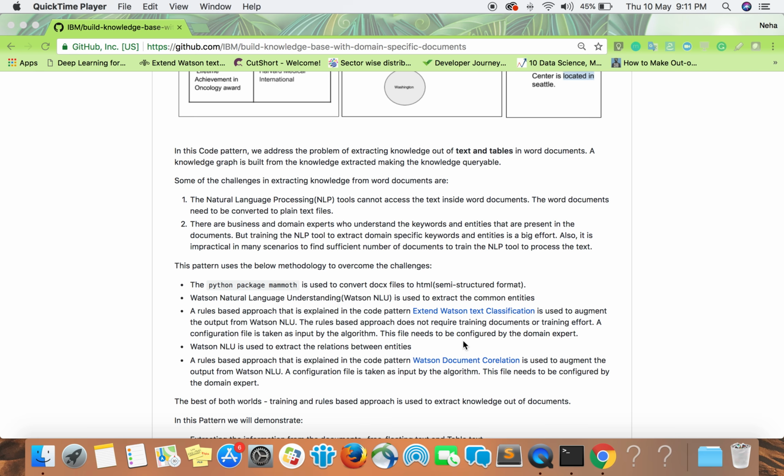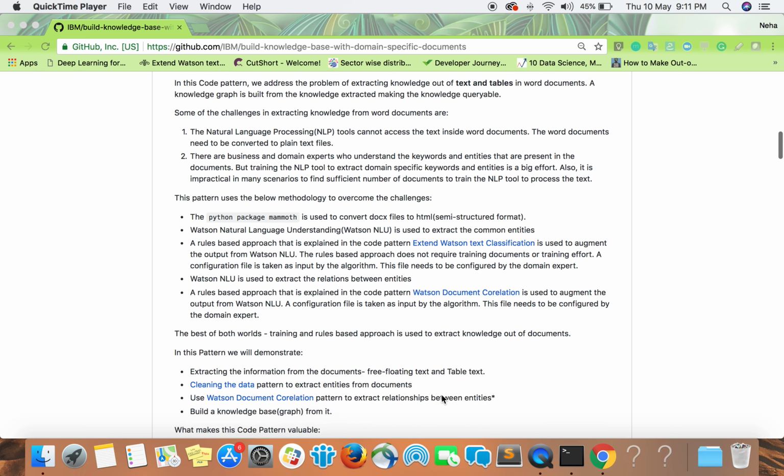After we get the results from Watson NLU, we augment our results using two existing code patterns, namely Extend Watson Text Classification, which augments the entity extraction part of it, and then Watson Document Correlation, which augments the relationship between those entities that are being extracted from those domain specific documents.